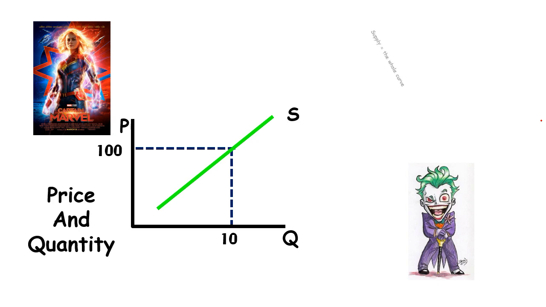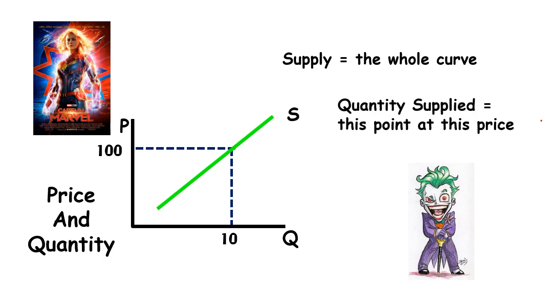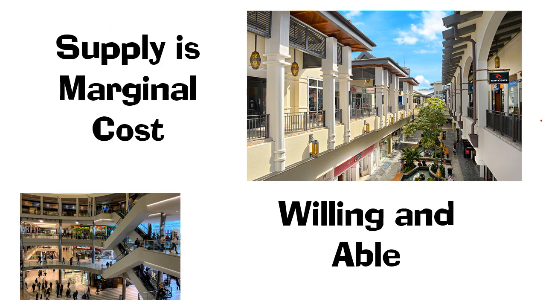So again, this is about price and quantity. When we talk about supply, we're talking about the whole curve. When we're talking about quantity supplied, we're talking about a point at a price. So, again, before we did a graph that had an MB and an MC on it, supply is marginal cost, and it's all about both willing and able.